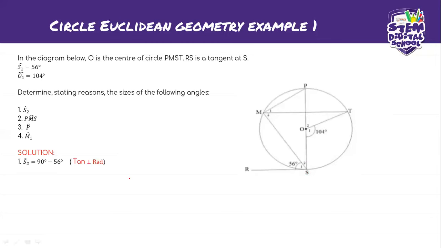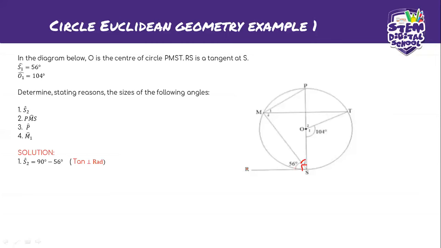Now first, because we are looking for angle S2 there, we realize that this tangent is perpendicular to the radius. Can you see that? And if a line is perpendicular to another line, then where they meet, they form 90 degrees, right? Now from that angle, already we have 56 degrees.